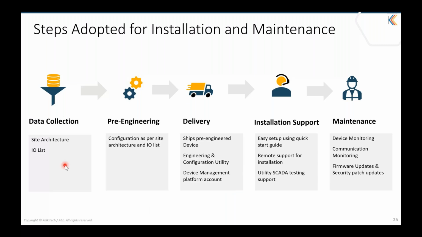Once the customer confirms the specific site details with the site architecture or SLD and the IO list of the devices, the pre-engineering team or operations team does all the configuration of the gateway as per the IO list and the SLD provided by the customer, and ships the pre-engineered device to the site with all the modems and SIM cards activated and ready to communicate with the utility systems.